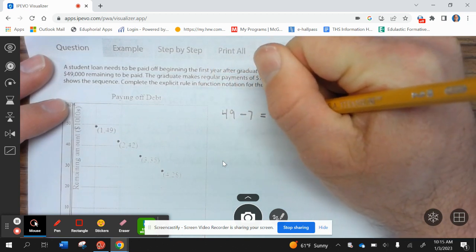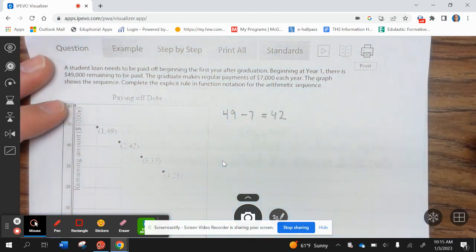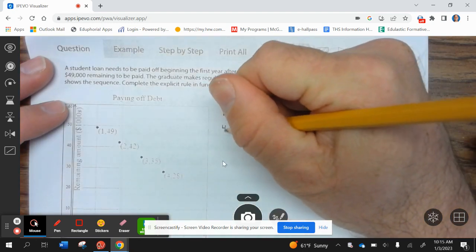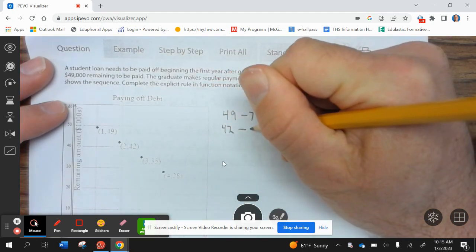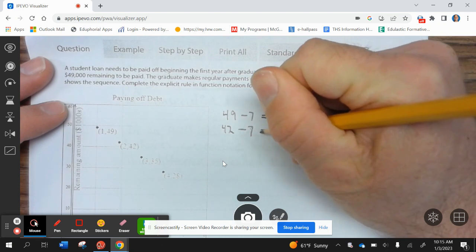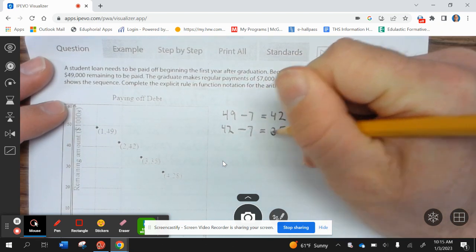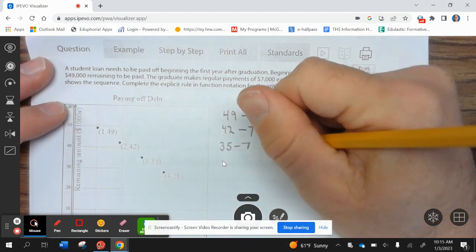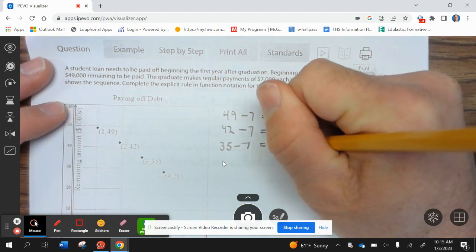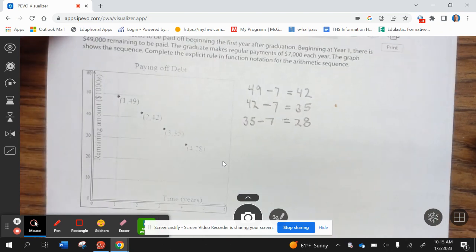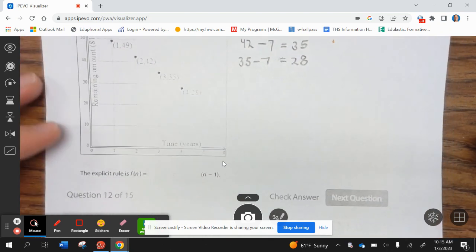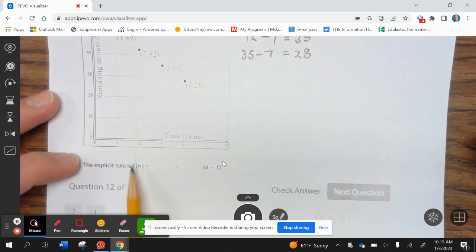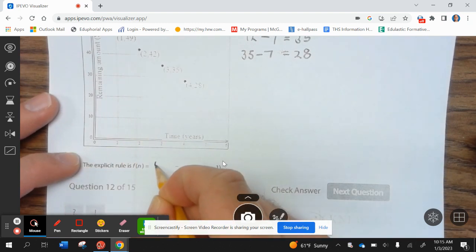Minus 7 gives you 42. 42 minus 7 gives you 35, and 35 minus 7 gives you 28. Okay, so the first value is 49 minus 7.